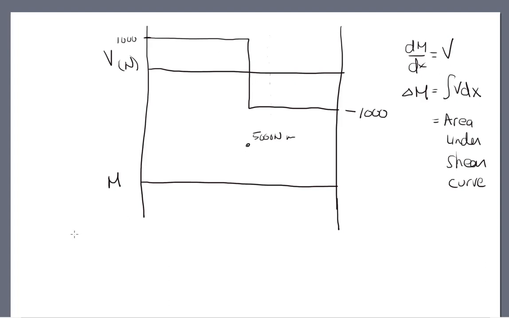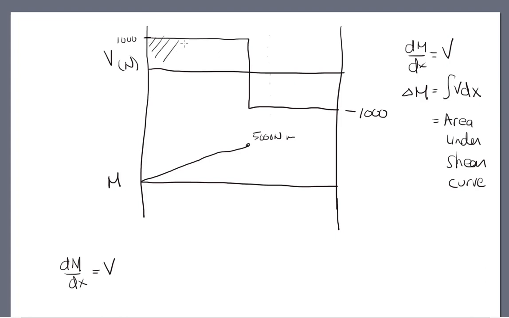So dM by dx, the slope of your moment curve, is equal to the value of shear, where the shear is constant at 1,000. So your slope here is 1,000, so 1,000 over 5 meters equals 5,000 newtons, right?